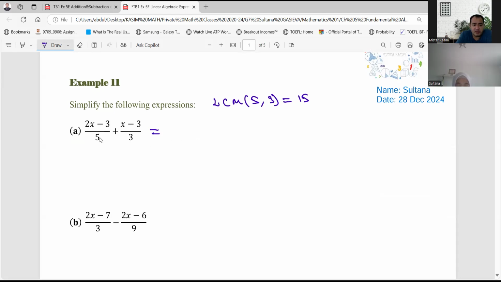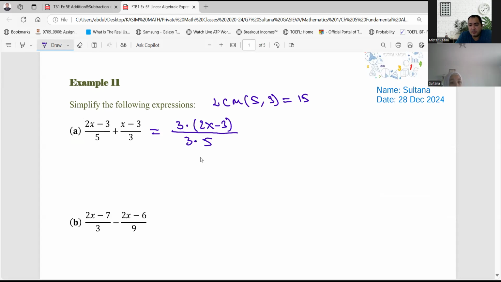So to get 15, the first fraction is multiplied by 3, the second one by 5, right? You remember? But when you're multiplying, be careful. You need to put parentheses because we have an expression here. The first one, I multiply by 3: 3 times (2x minus 3) over 3 times 5.